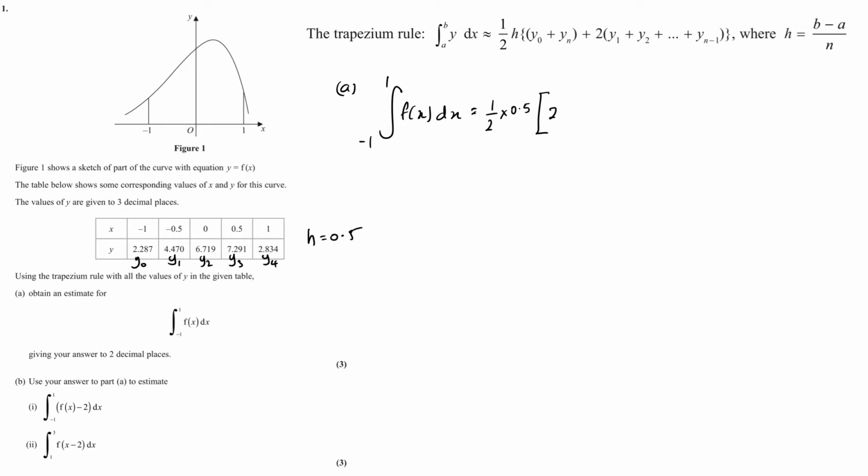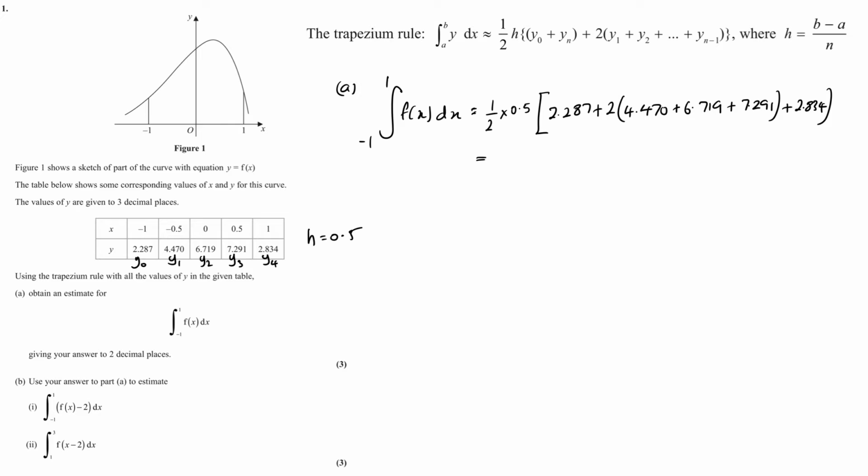So we've got 2.287 plus 2 lots of 4.470 plus 6.719 plus 7.291 plus 2.834. Obviously I could put this and this both at the front just like they do there, if it's any easier for you.